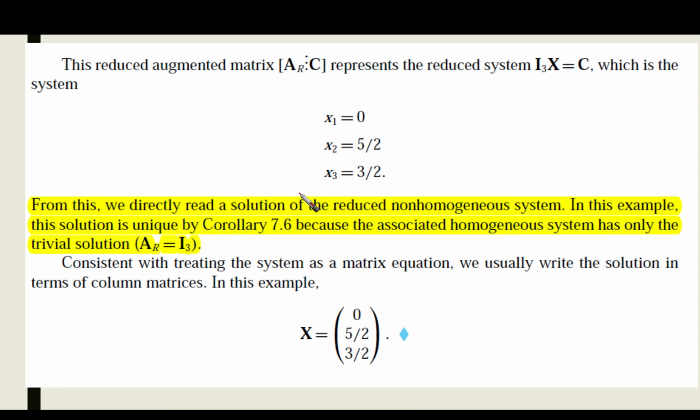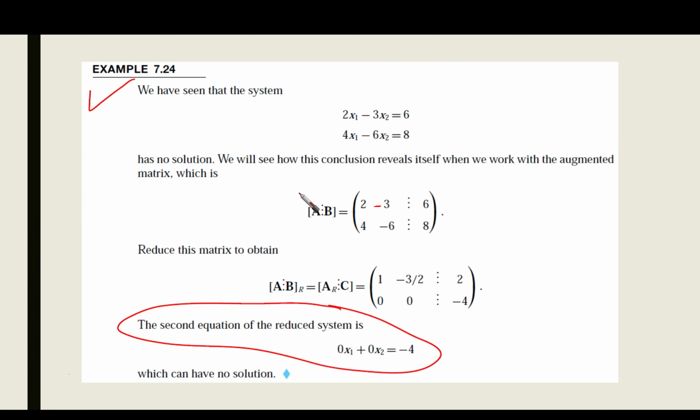Now let's go to another type of example that we have here. In this example, do you remember the system that we said has no solution? We're going to explain now why it does not have a solution, by making our 3 steps that we have explained before, and you're going to understand why.